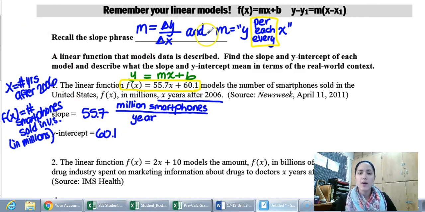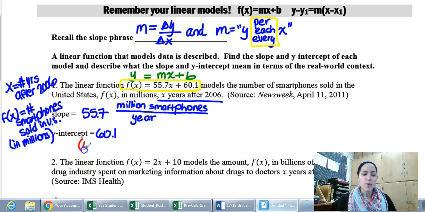And just to emphasize how I knew what label went where, I know that slope is y divided by x. So once I had my variables defined off to the side, I knew how to set up that label. And then for y-intercept, this is 60.1.